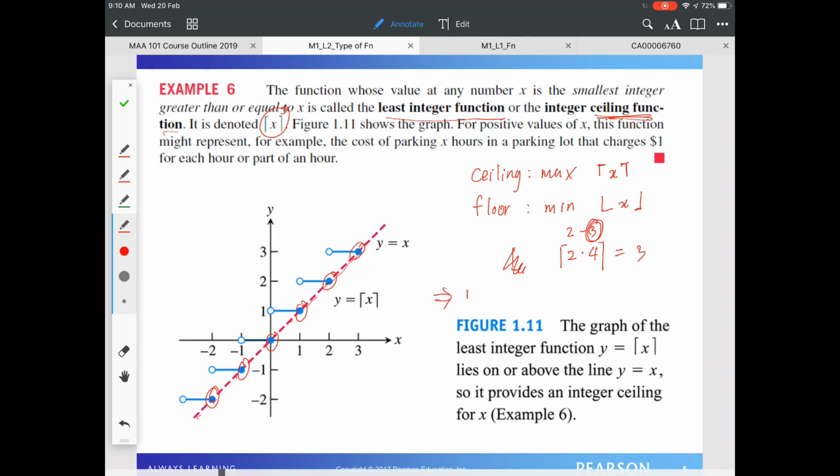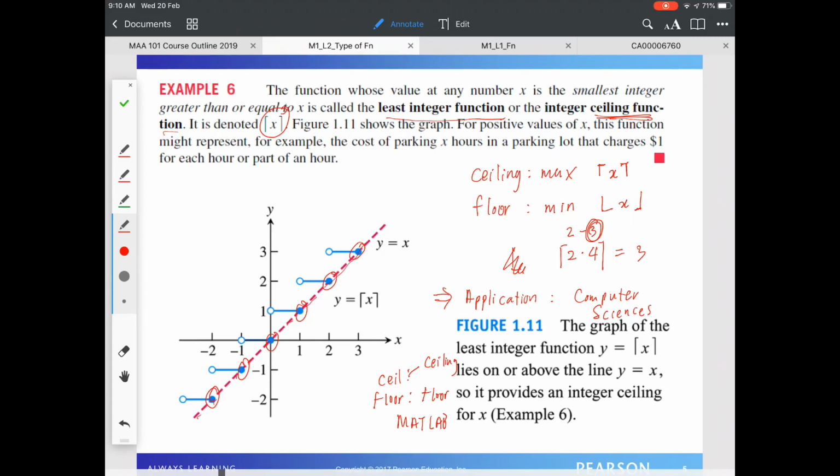The application is in computer science, whereby if you consider different mathematical packages like MATLAB, Maple, and so on, they have built-in functions. They have ceil in computer science to indicate the ceiling function, and floor to indicate the floor function in MATLAB. You can check this online, there is documentation online for the MATLAB function.